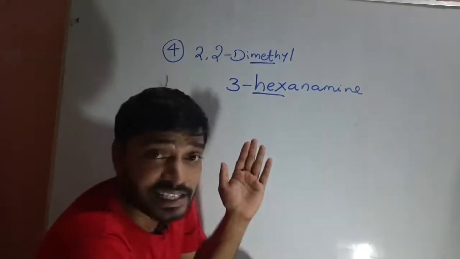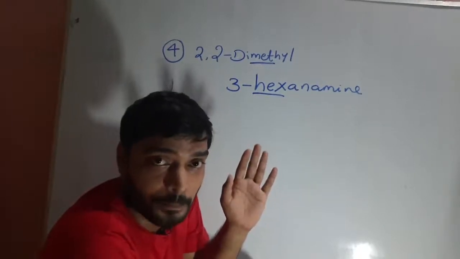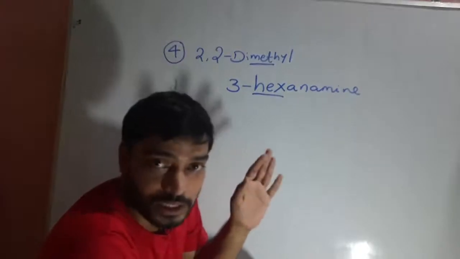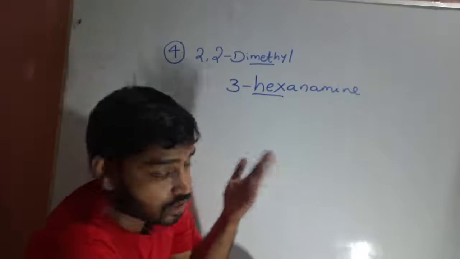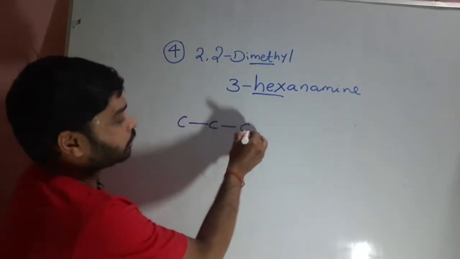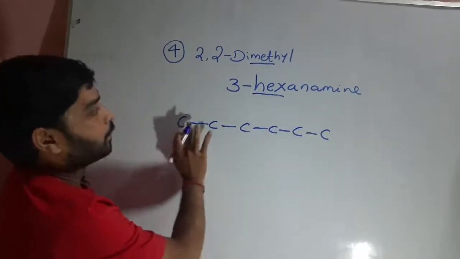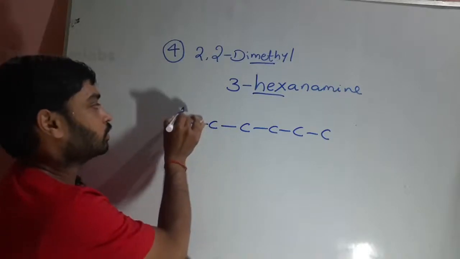So here hex is the word root which expresses 6 carbon atoms present in an organic compound. So I am placing 6 carbons by putting sigma bonds between them. So here I am placing 6 carbon atoms and sigma bonds placed between the carbons. I am numbering now.